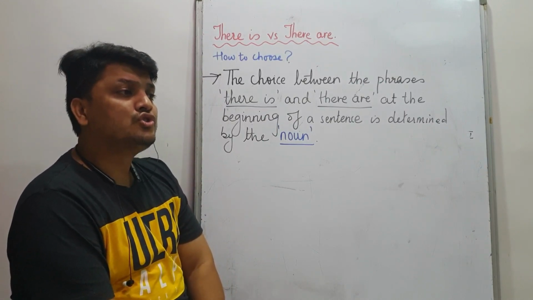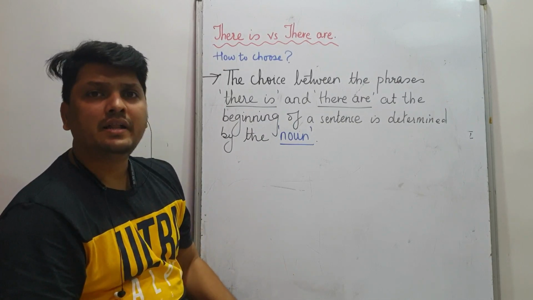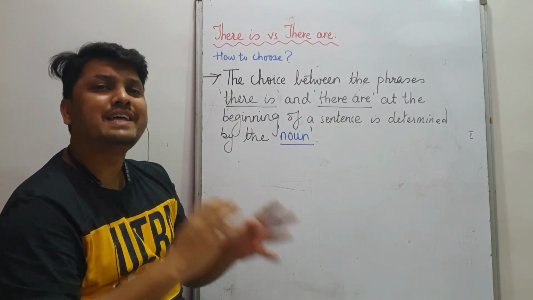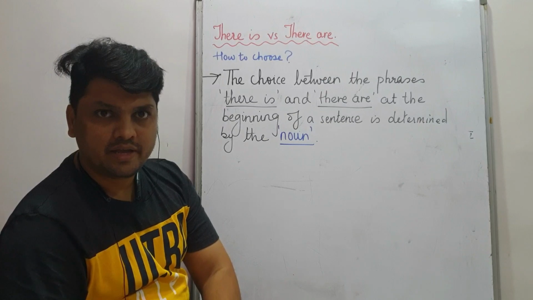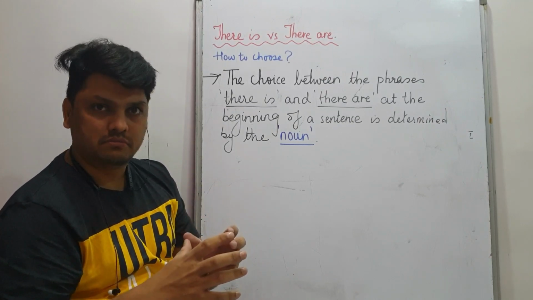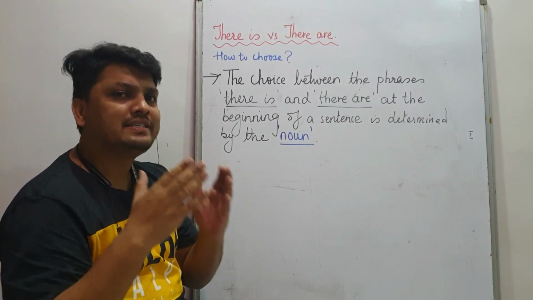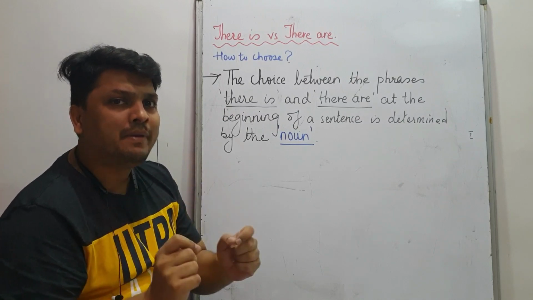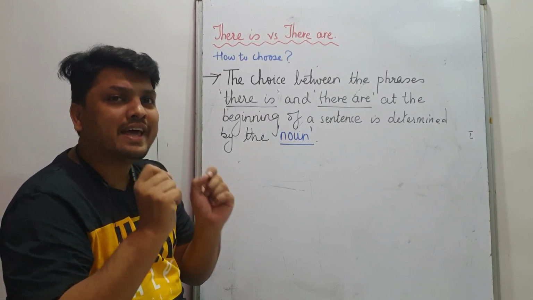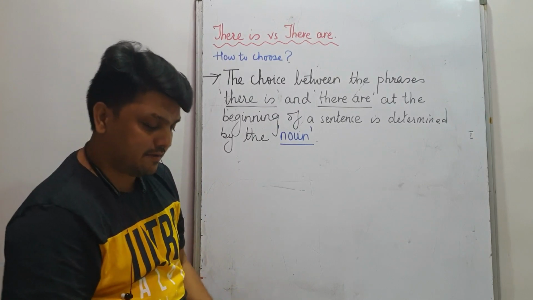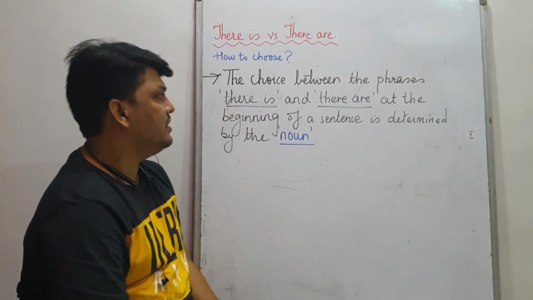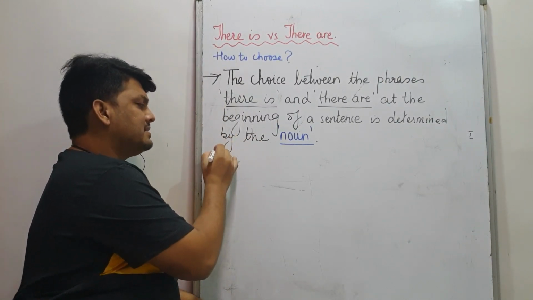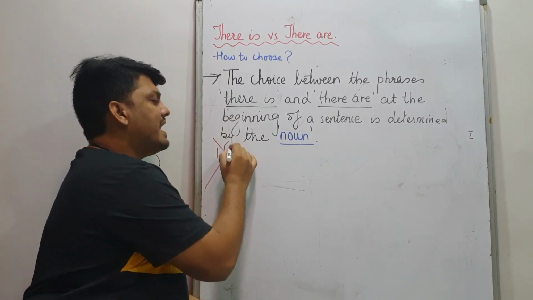But most students and most people make errors when they use there is and there are. So when you are talking about nouns and using there is and there are, you have to keep in mind when to use there is and when to use there are. Let's start with the first one, there is.